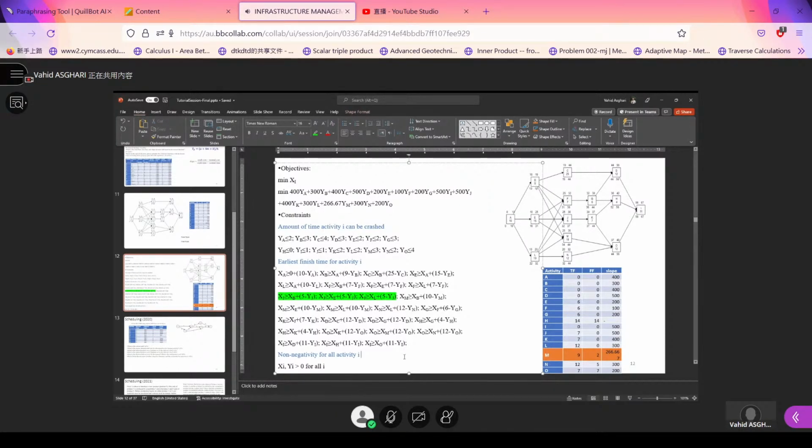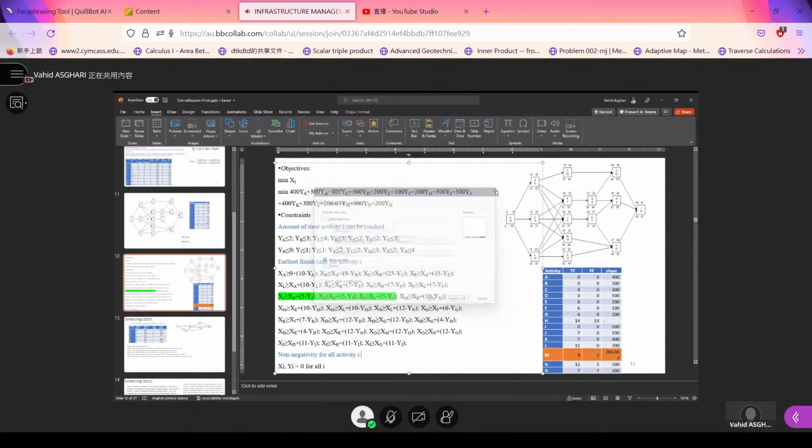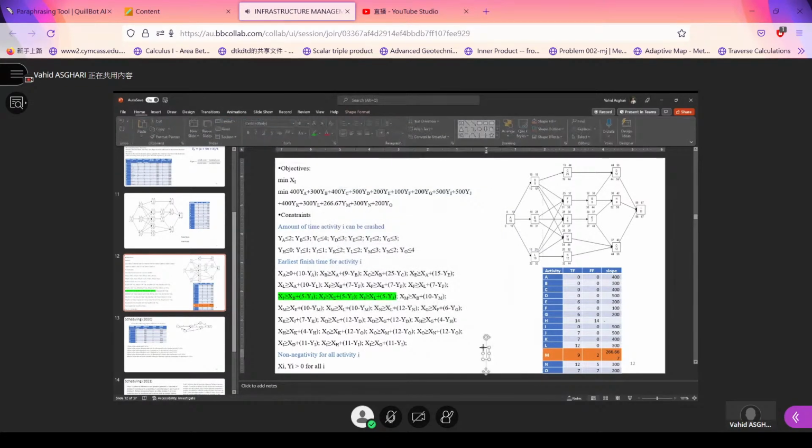Let me write a template here, so perhaps make it a little bit more clear for you guys.